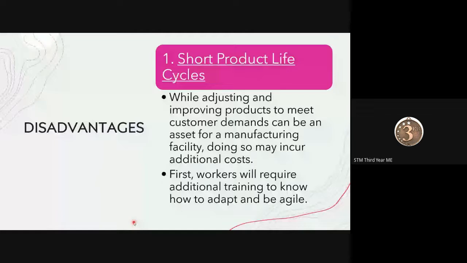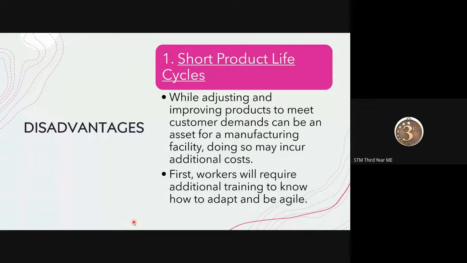So normally a product life cycle is large, or that gap or time period is always a large gap, but in the case of agile manufacturing, product life cycles are always shorter. This is due to the updation of technology. Immediately, due to the customer demands or due to the updation of technology, they will be creating a new product, or an even better product than the older one, and that is being done rapidly.